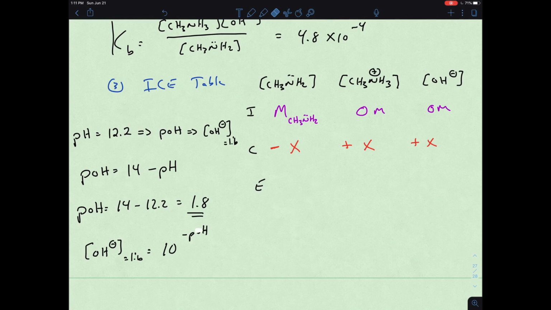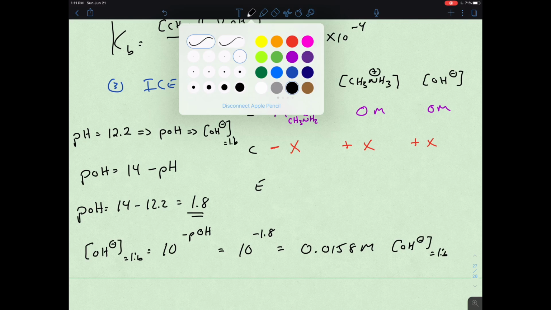I did something very similar with hydronium ion and pH, and I can do the exact same thing with hydroxide ion and pOH. So I want to take 10 to the negative 1.8, and I get a value of 0.0158 molar, and that's my hydroxide concentration at equilibrium.